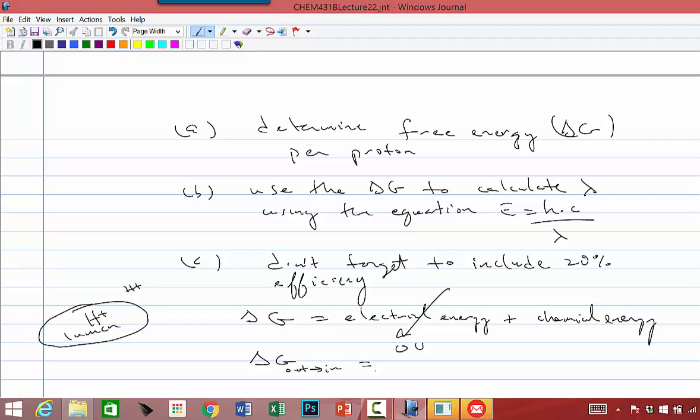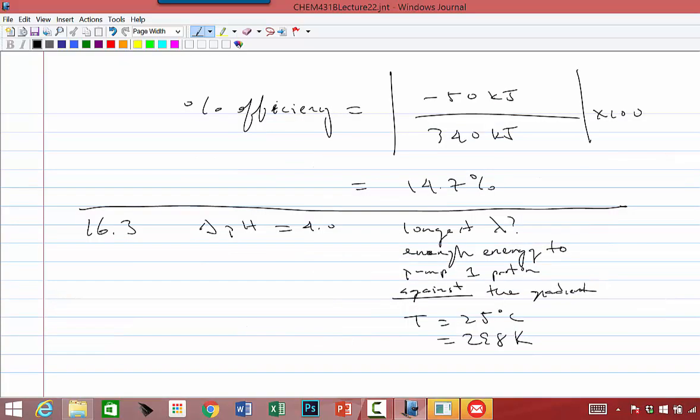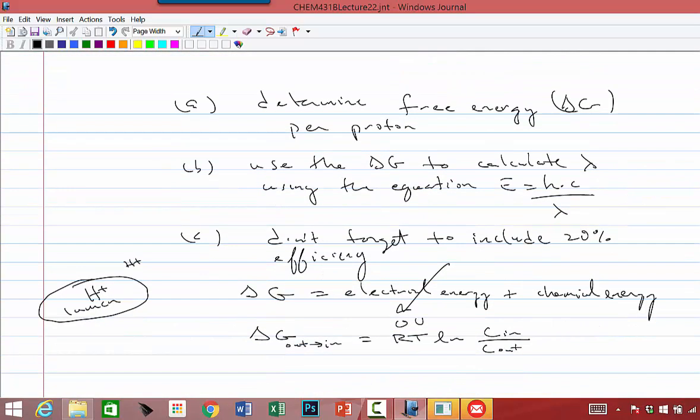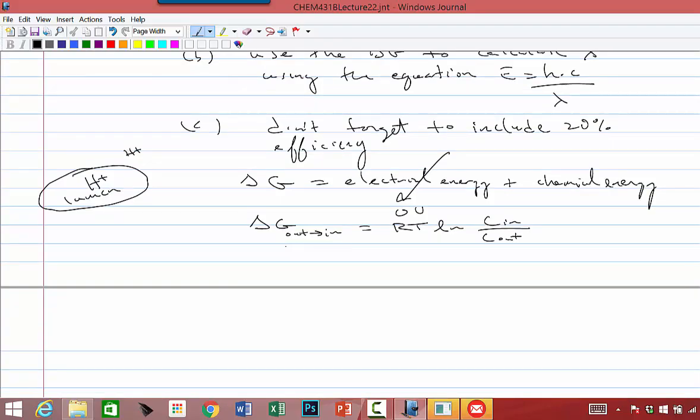Okay, and so that's going to be equal to RT natural log C in over C out. Okay. Now, if I had drawn my arrows going from in to out, then these two get reversed. Okay, so that's the way to think about this.